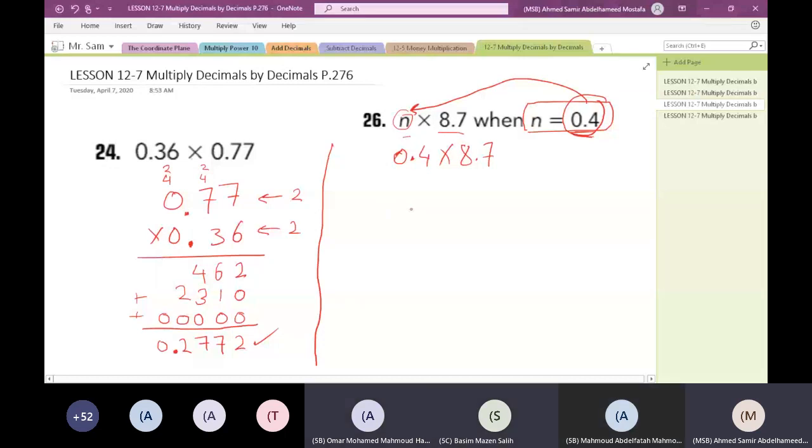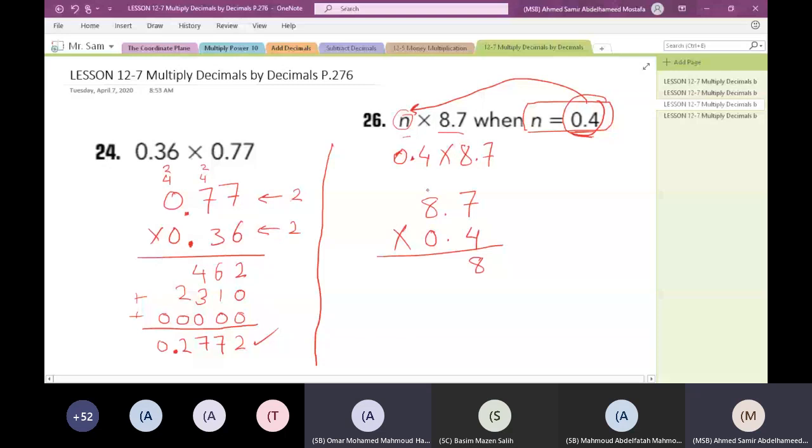So now back to Omar. Omar, would you like me to align them for you? Multiply 0.4. Okay, so 8.7 multiplied by 0.4. We multiply 7 with 4 equals 28. 8 down and 2 up.